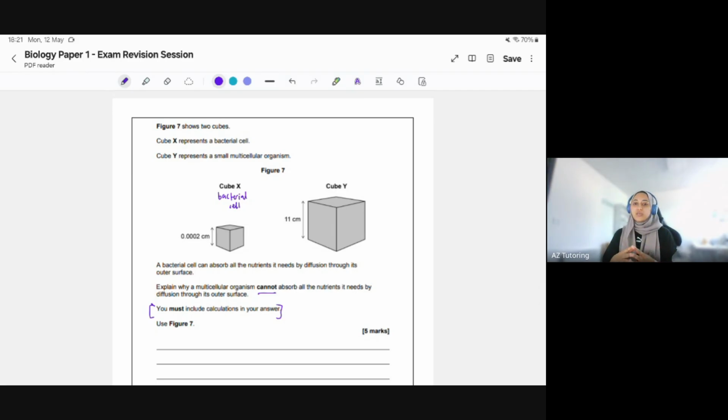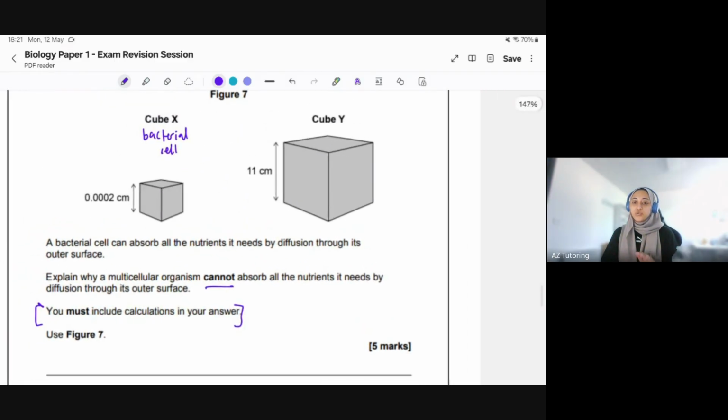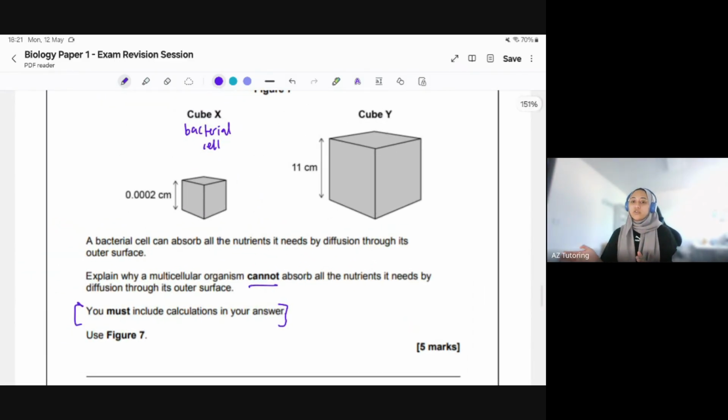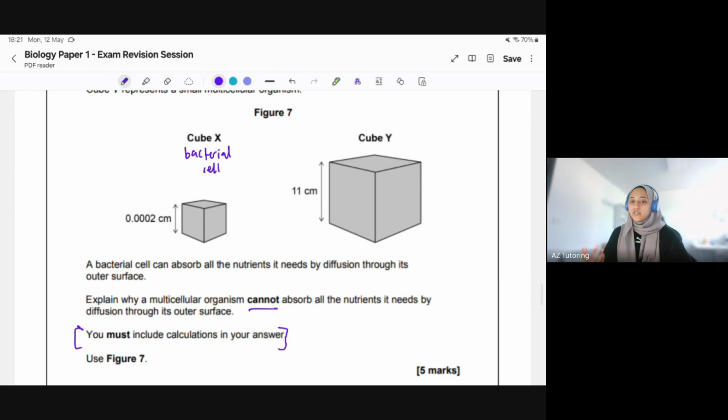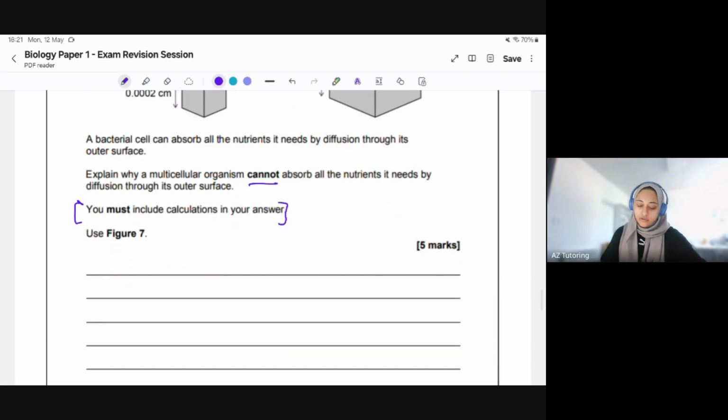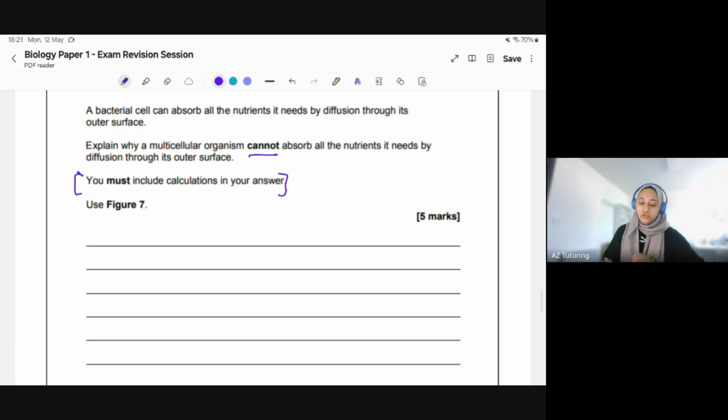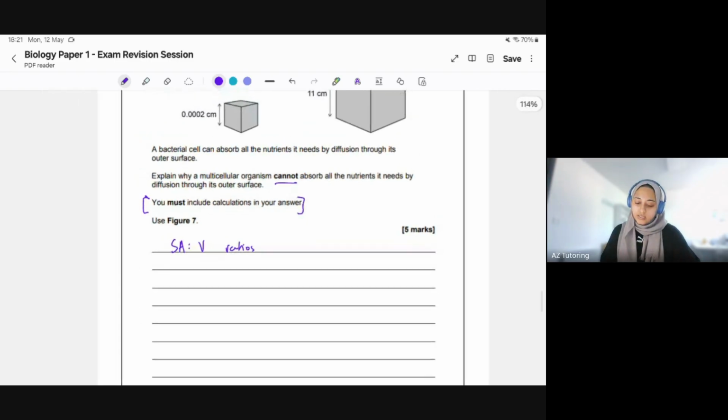They don't give you something really strange, but if they do, you're just working out surface area and volume. If they give you a sphere, for example, which I hope they don't, they should give you the equation for the surface area of a sphere and its volume as well, or a cylinder and so on. But usually it is cubes because it's easier to work with. So we're working out the surface area to volume ratios, and we'll explain the answers that we get.